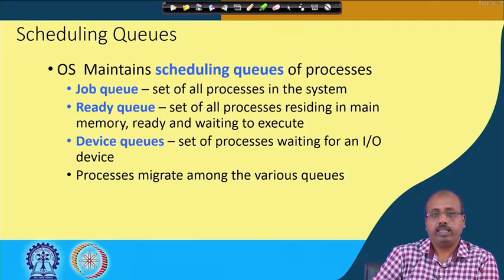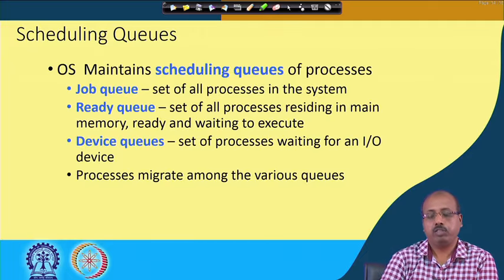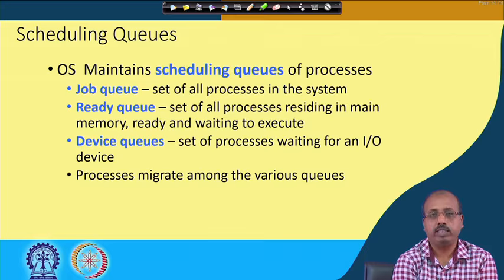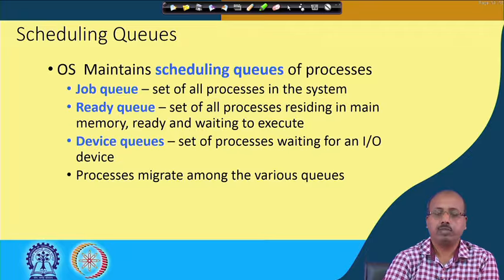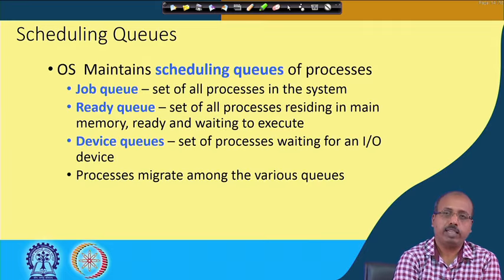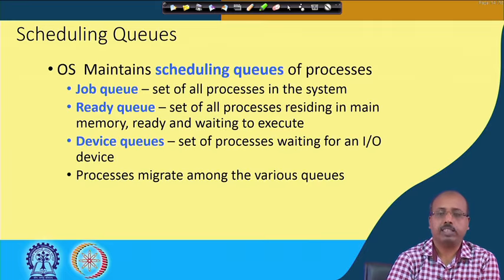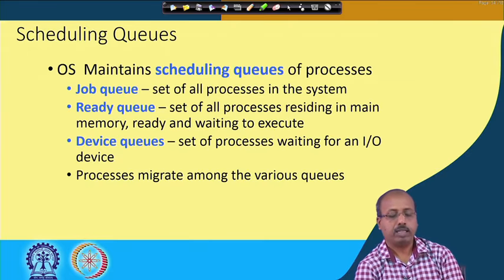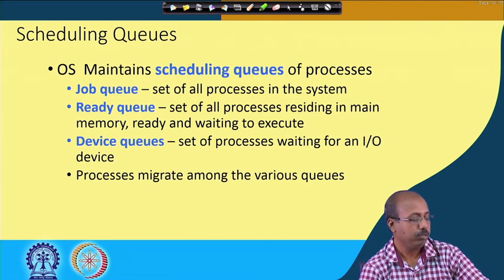Depending upon the scheduling, it may go to the running state, or after running for some time it may join the ready queue again, or it may request some IO operation and join the corresponding device queue. From the device queue, once the IO operation is done, it joins back to the ready queue, and that way it goes on. That is why a process can migrate among different queues in the system.